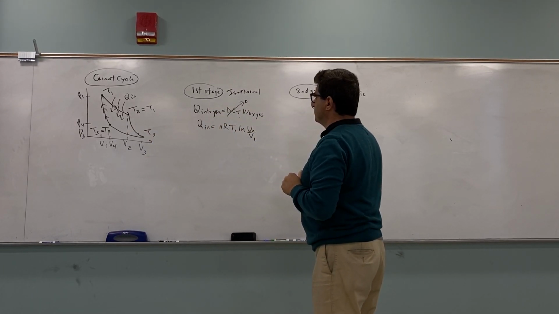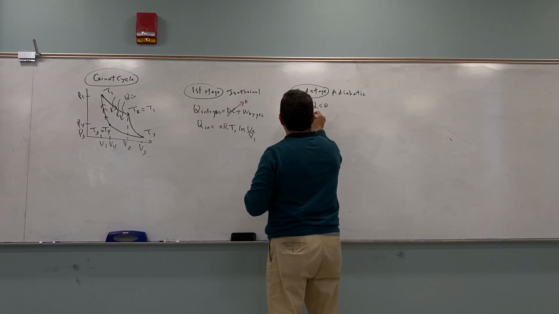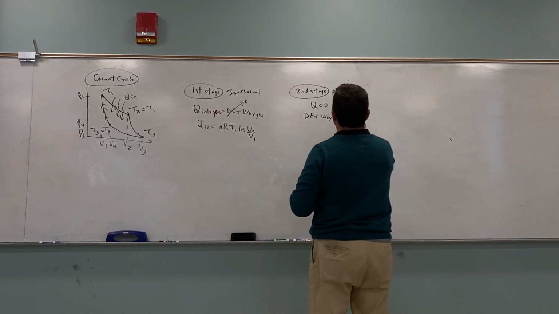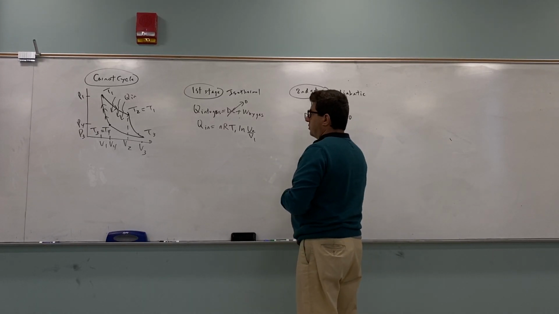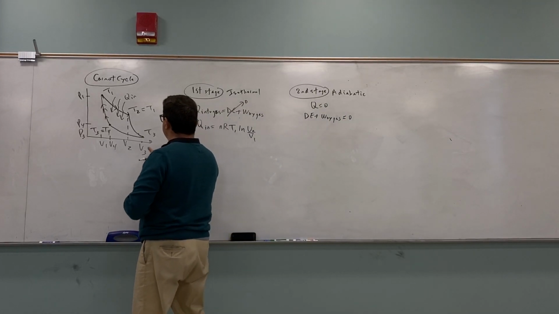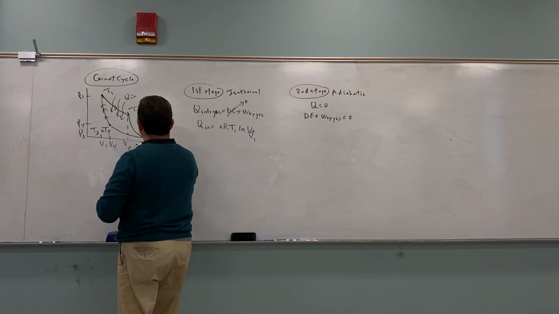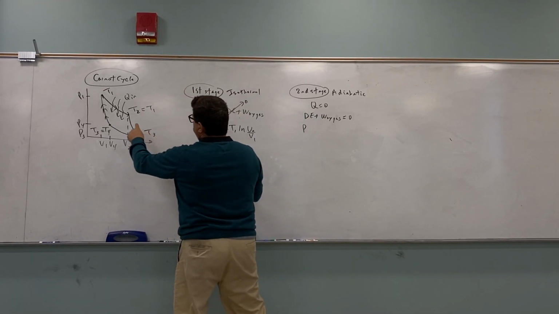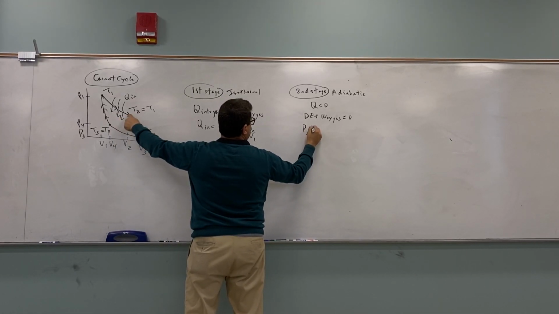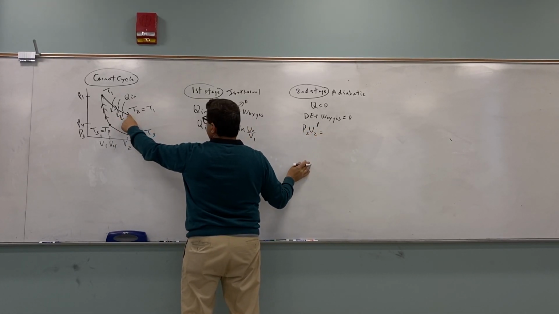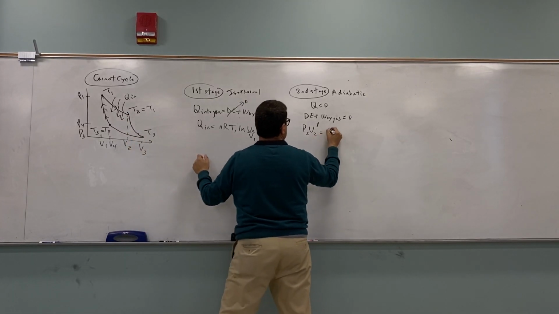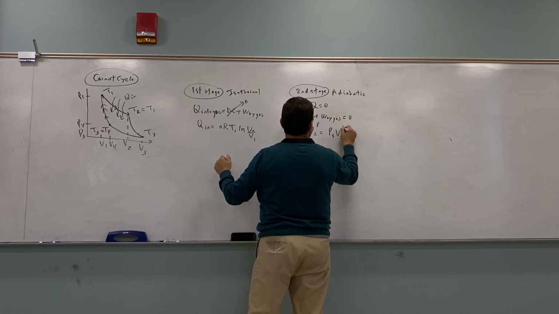Then what's left is delta E plus the work done by gas equals 0. The only thing we know is the temperature that it achieves here. What was the equation? P2 V2 to the gamma is equal to P3 V3 to the gamma.